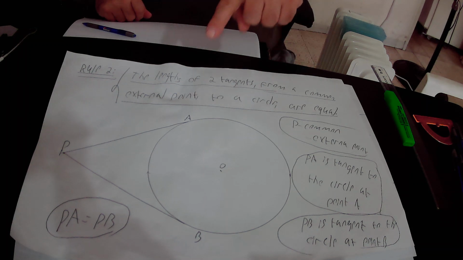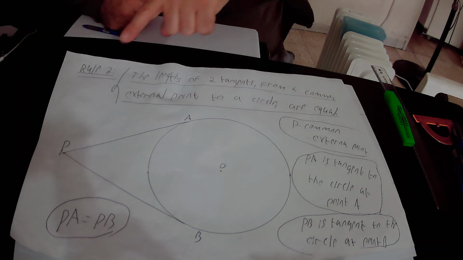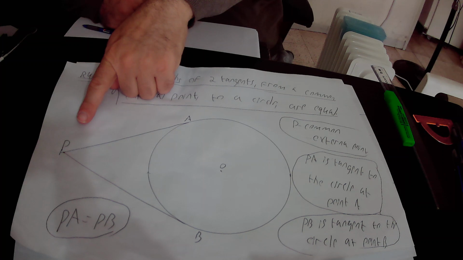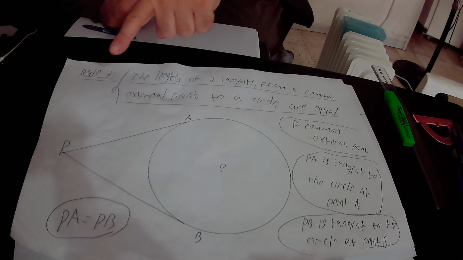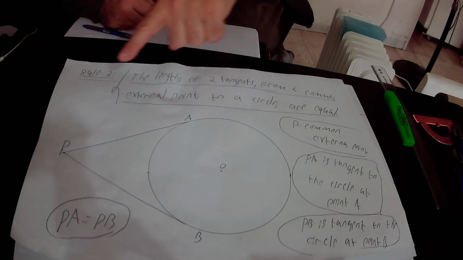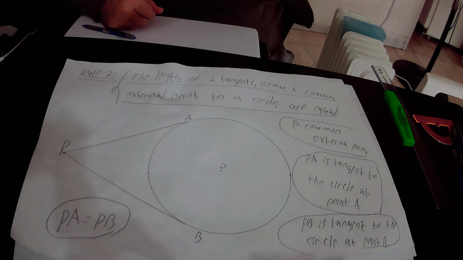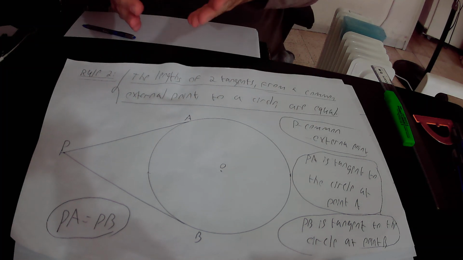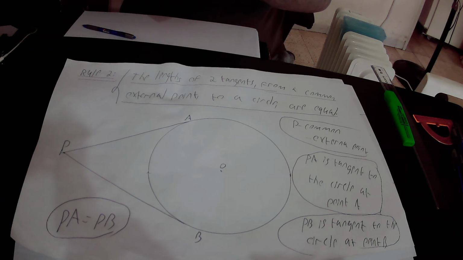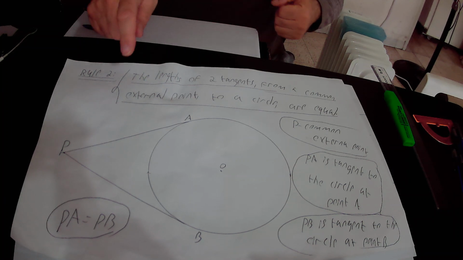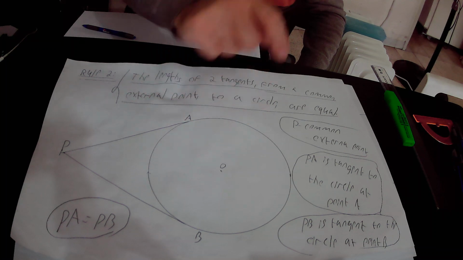So we have here a circle and we have the common standpoint point P. From point P, we have two tangents to this circle, tangent PA and tangent PB. According to rule number 2, the lengths of those two tangents must be equal to each other. That is to say, PA equals PB.